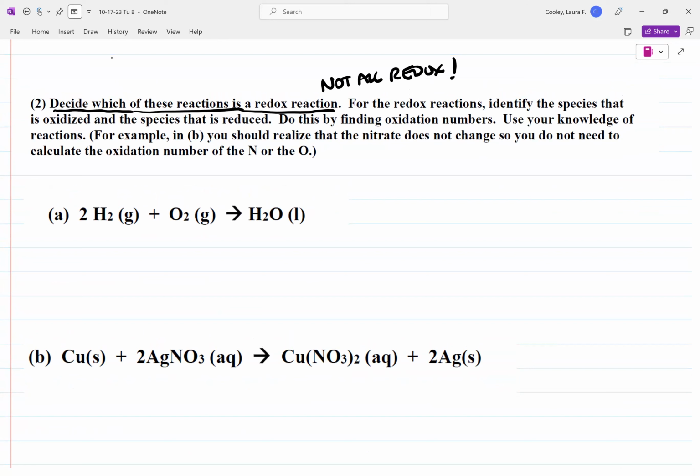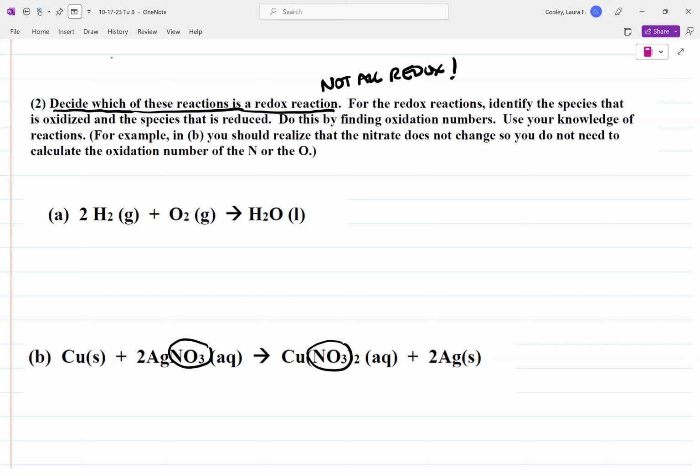And I say that you should use your knowledge of reactions. For example, if you see a nitrate here and a nitrate here, then there's no reason to figure out the oxidation numbers within that nitrate because it doesn't change. It's NO3 minus on the left and NO3 minus on the right.